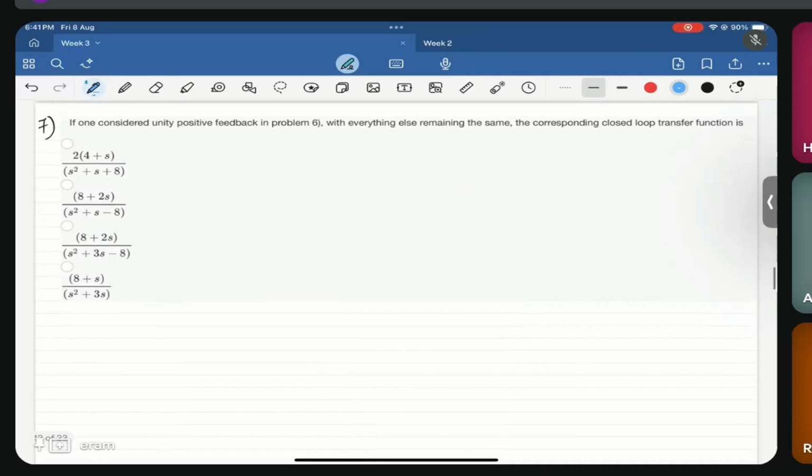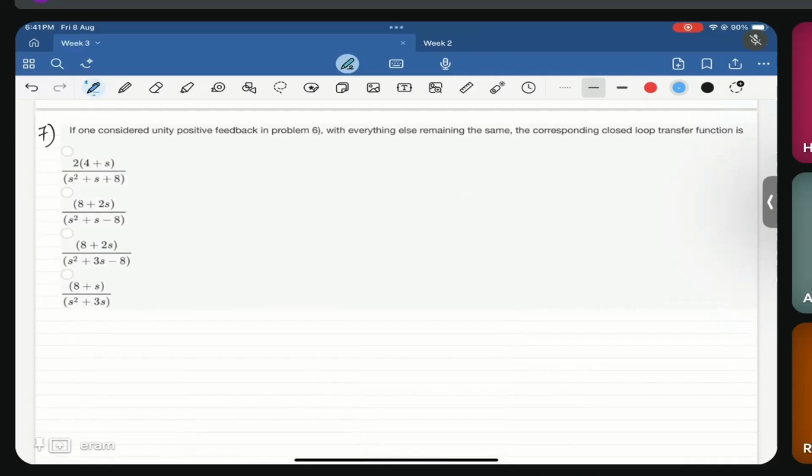The next question. In the earlier problem, we considered the negative unity feedback. Now, what will be the closed loop transfer function if we have unity positive feedback?